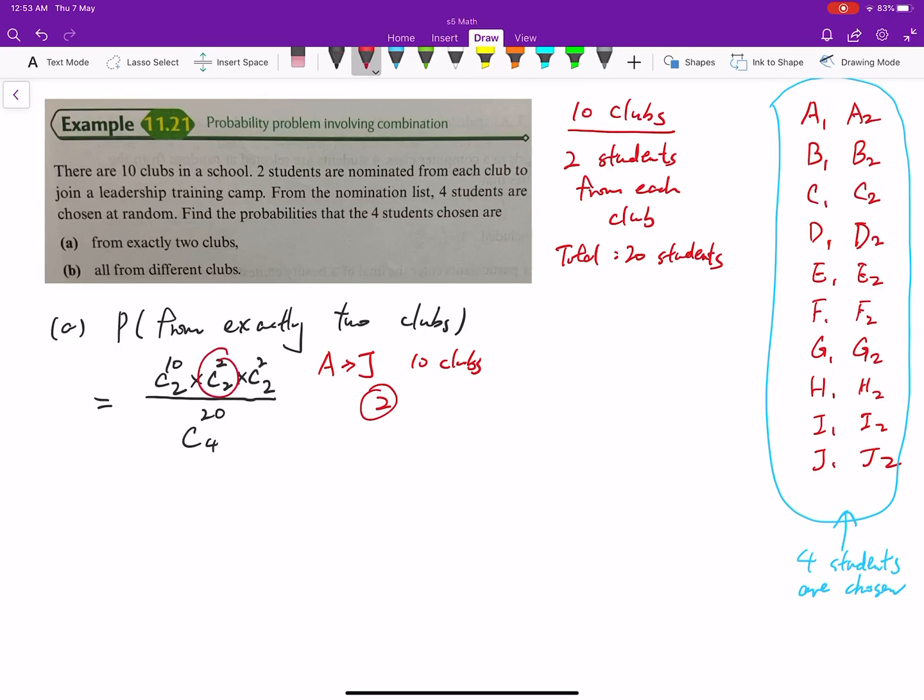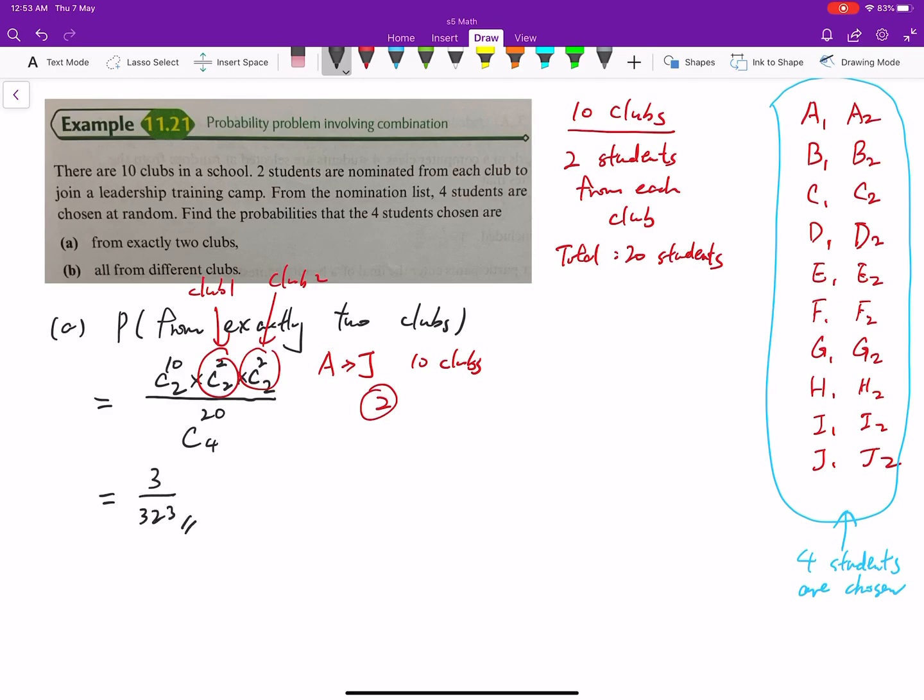The first one is from club 1, and this is from club 2. I need to take both. So this is the number of combinations. Finally, you will get 3 over 323.